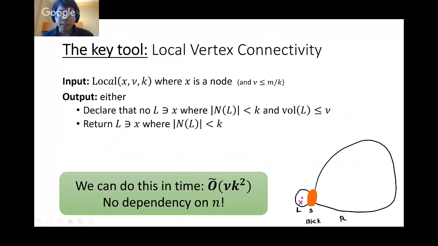So if K is constant, this is really just proportional to the volume nu here, and there's no dependency on N.